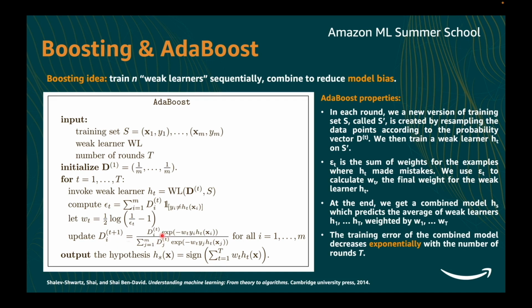You take the exponential of the negative of this weight, you multiply it by the label, so this is like a 0 or 1 label, you take the prediction and you multiply that with the true label. So this is basically something which will give you a value which is either 0 or 1.